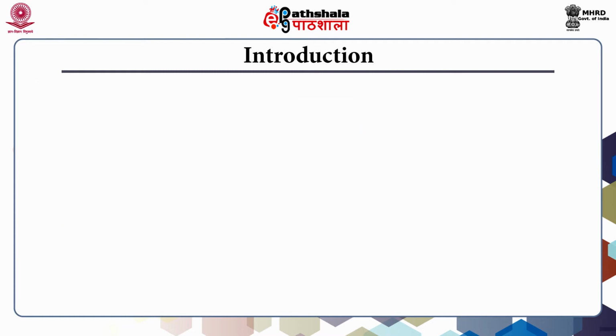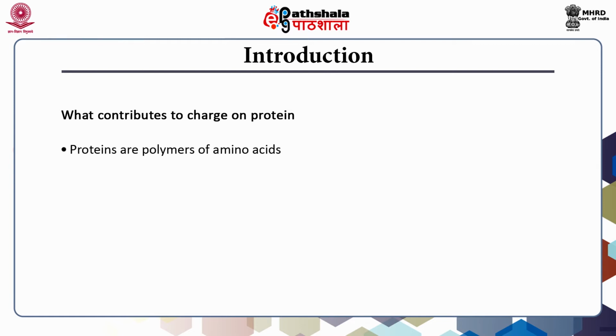It is important to understand what contributes to charge on protein. Proteins are polymers of amino acids which are linked together by peptide bonds. Amino acids contain an amino group as well as a carboxylic group.